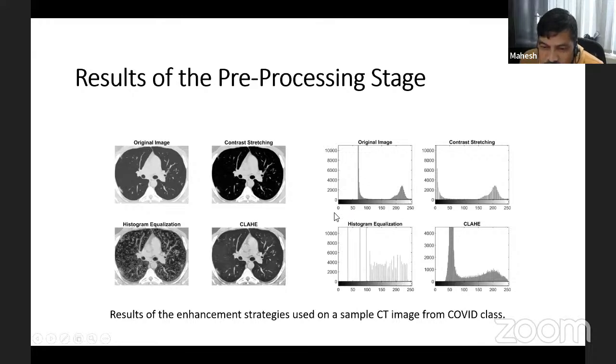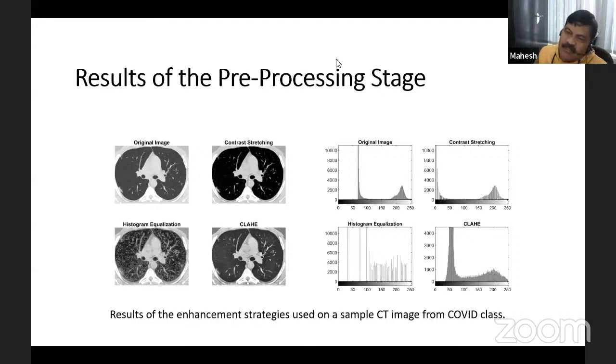Then we compute how many pixels have intensity 0, how many have 1, how many have 2, how many have 255. If we plot that number versus intensity values, that graph is called a histogram in image processing.